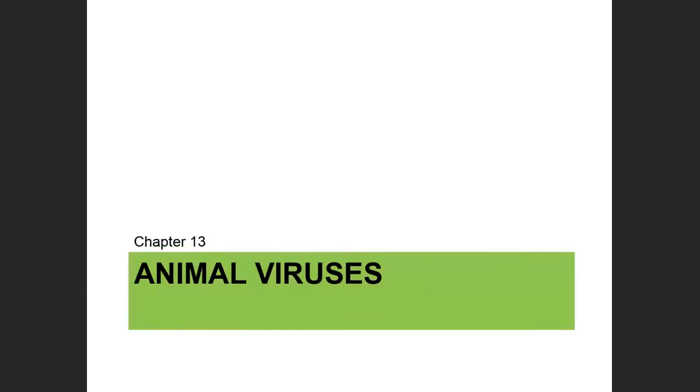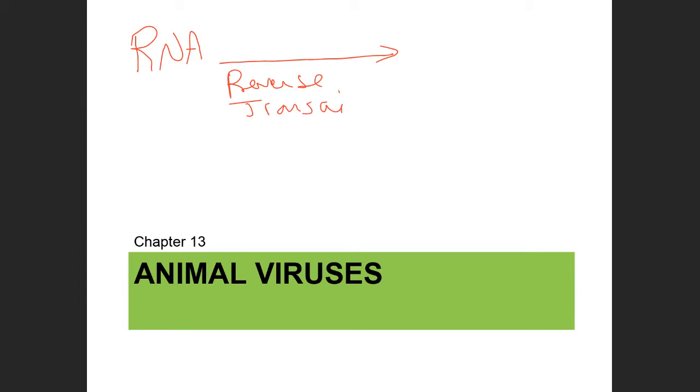And HIV is a retrovirus. Okay, this is what an RNA virus does. An RNA virus carries an enzyme, a polymerase called reverse transcriptase, which is capable of making a DNA copy of an RNA. That's what reverse transcriptase does.